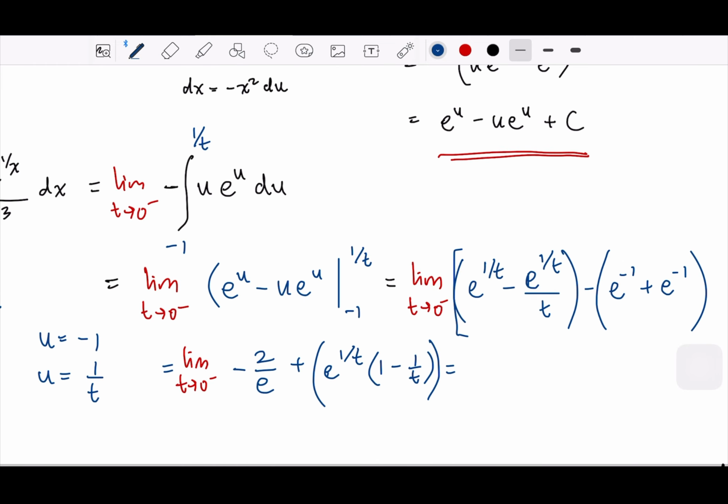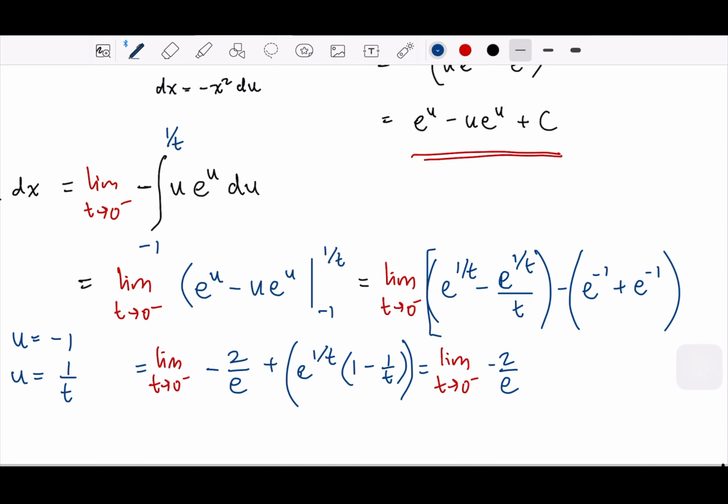And then still this negative 2 over e, and I will multiply with negative and change the inside functions.